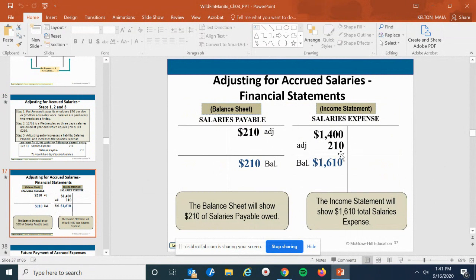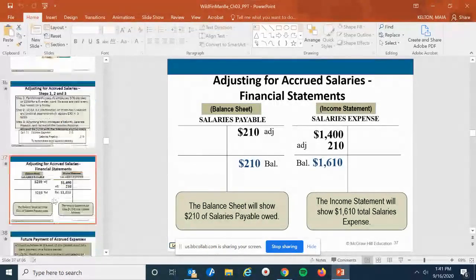By adjusting accrued expenses, by accruing for salaries expense and creating a liability, salaries payable, the company now is reporting the correct expense on the income statement and the fact that they owe their employees $210.